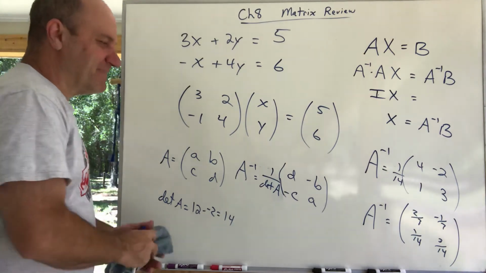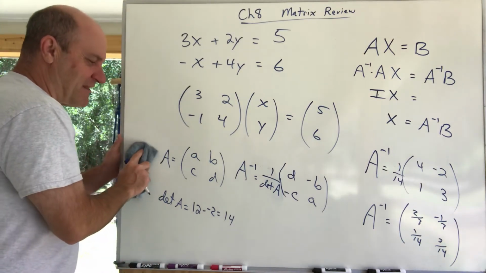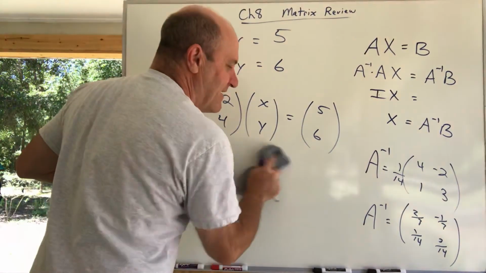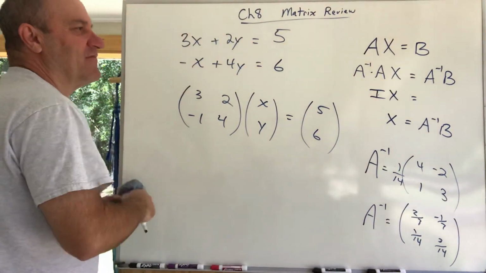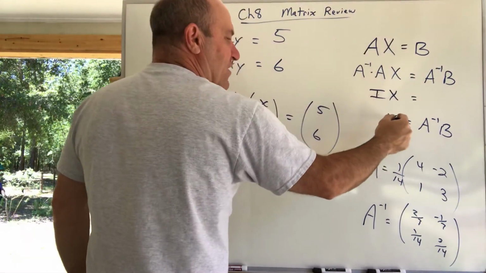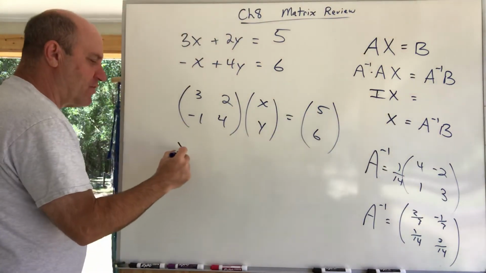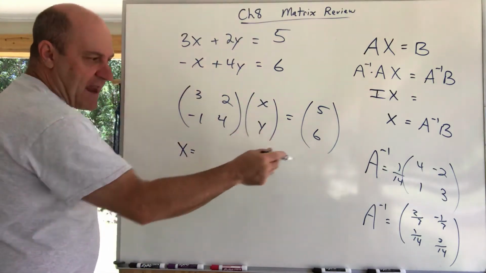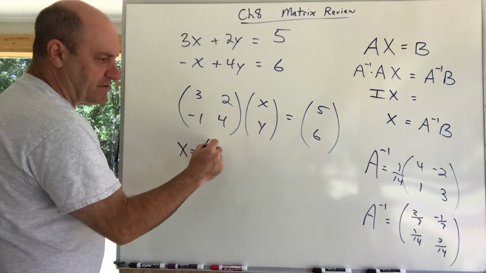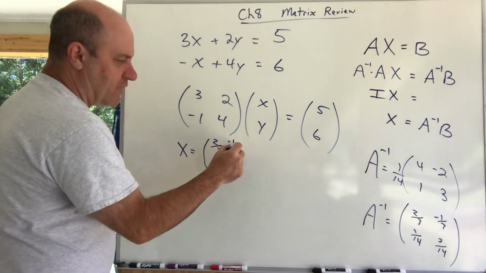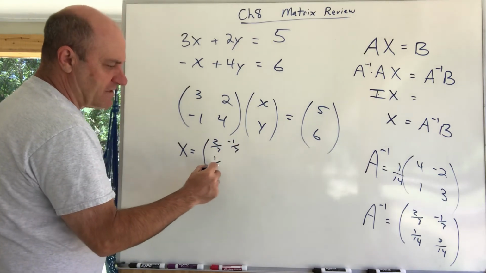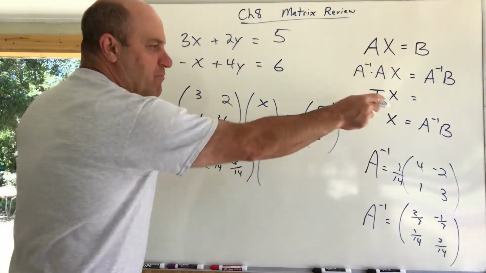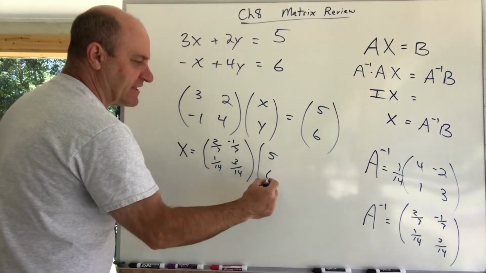That was cool. All right, I'm going to get rid of some of this. I need a little more room here. So now the point is, if I follow this algebra, to get x, the unknown matrix x, which is this little x and y, I should multiply A inverse, here it is, 2/7, negative 1/7, 1/14, 3/14, by B, which was this 5 and 6.